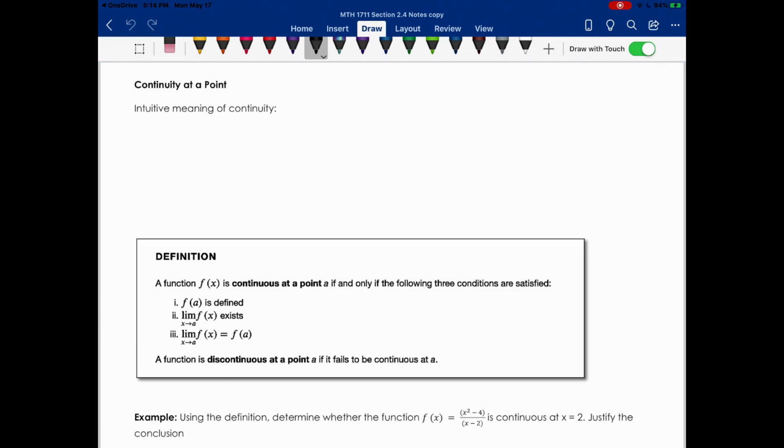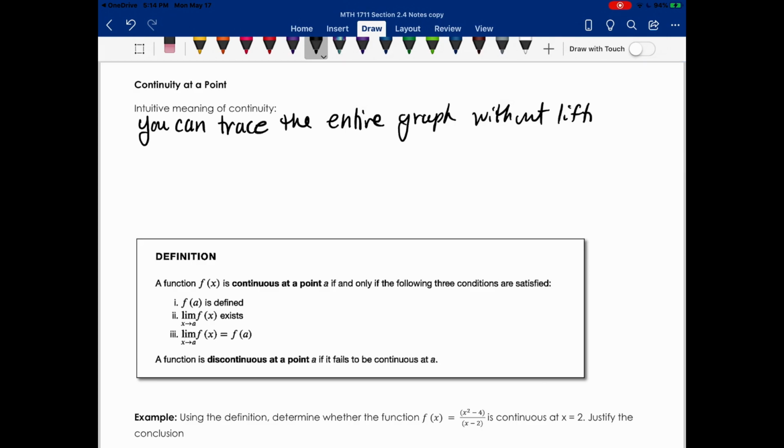So, for the intuitive meaning of continuity, it just means that if you look at the graph, you can trace the entire graph without lifting your pencil.